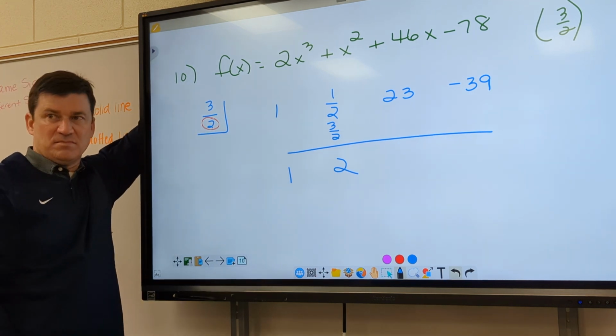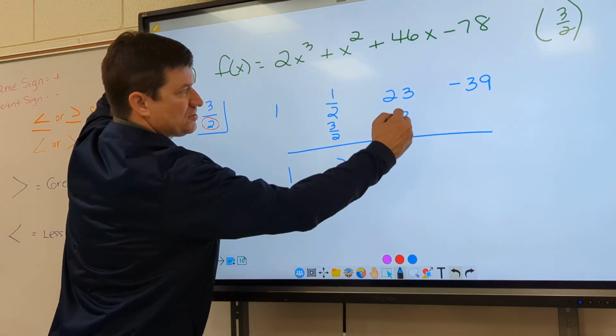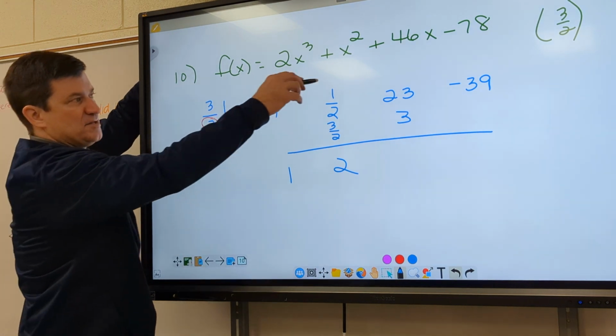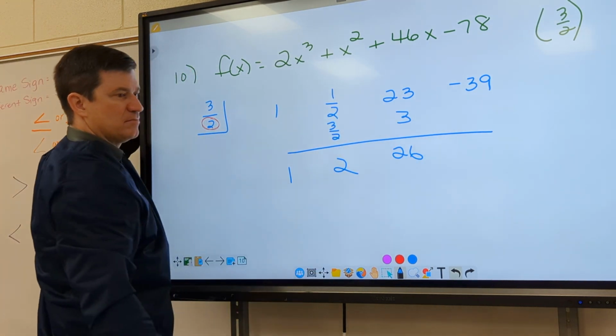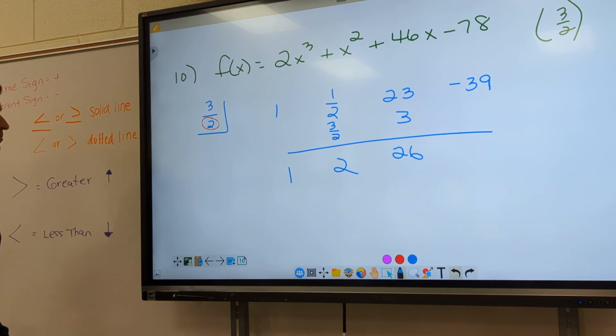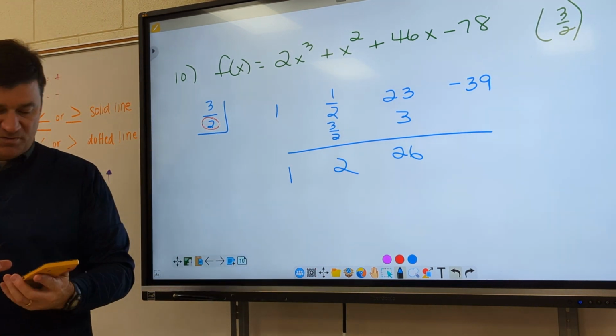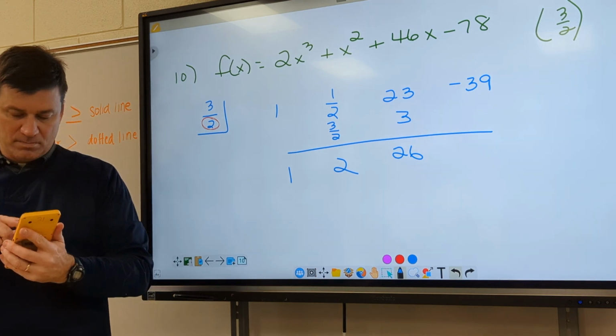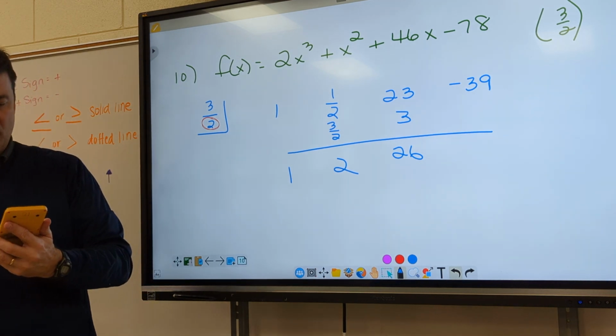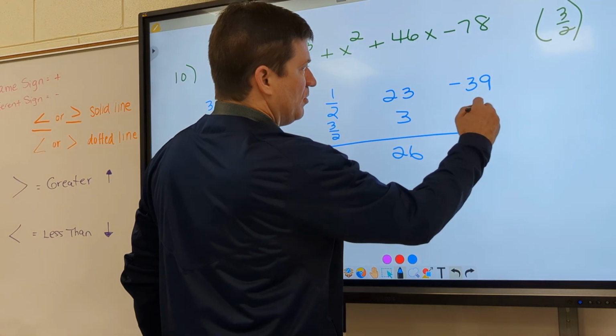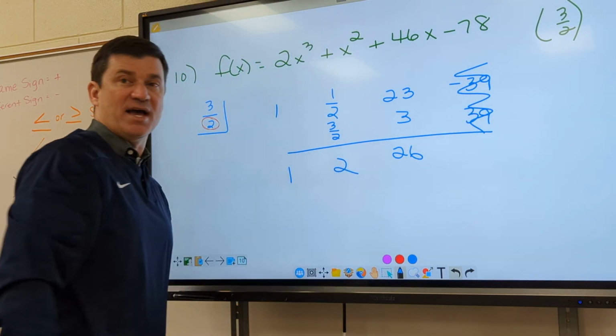See what it gives you. 3. Okay, when it says 3, that's correct. I can add these up and get 26. All right, for the last one, we'll take 26 times 3 over 2. And we get 39. And we knew it was going to equal 39 anyway because it had to cancel out.